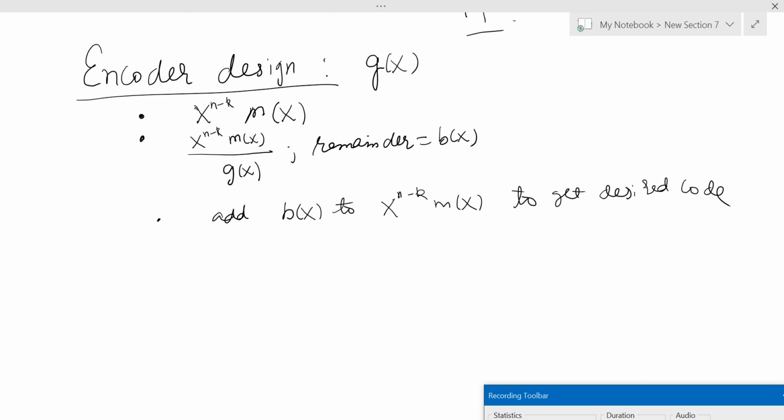These three steps can be realized using digital circuits. Okay, see what is done. Each degree, as I told you, suppose you multiply x with something or x square with something, it actually means you are shifting, right? So you will use flip-flops as those shifting elements.